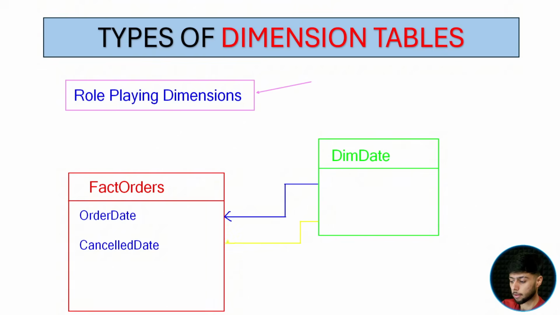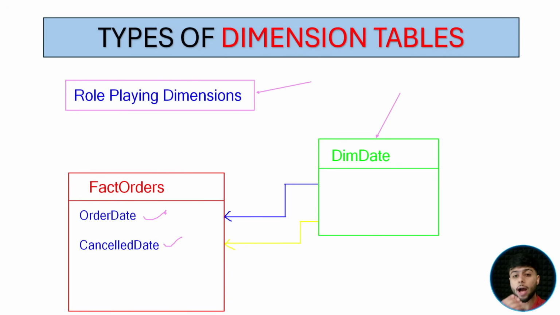Now this is called role playing dimensions, because this date dimension is playing two different roles. One role is for order date and the second role is for cancel date. So when a dimension performs more than one role, then it becomes a role playing dimension.